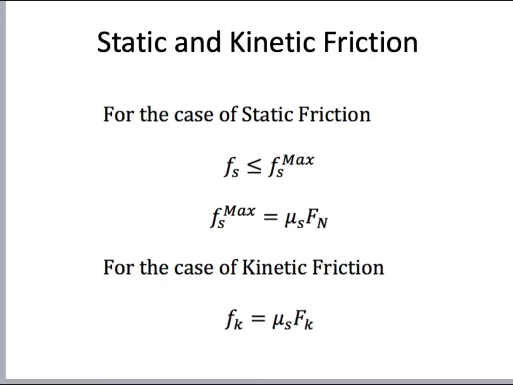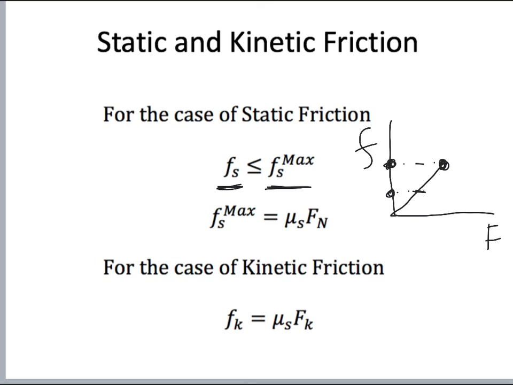So here are the cases, and I'm just going to sketch in this graph again that we just saw. So I've got my friction force, little f, versus my applied force, big F, and as we go up to the F_s max, the static friction is going to be less than the maximum static friction. And so what that means is the friction right here, which I would read off the graph right there, is less than the maximum possible friction that I'd read there.